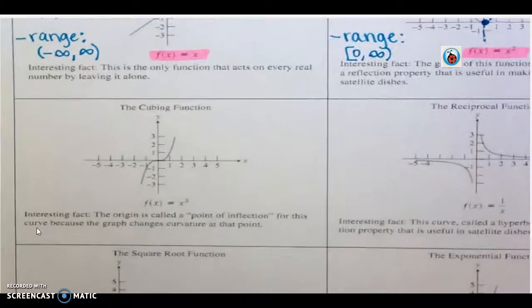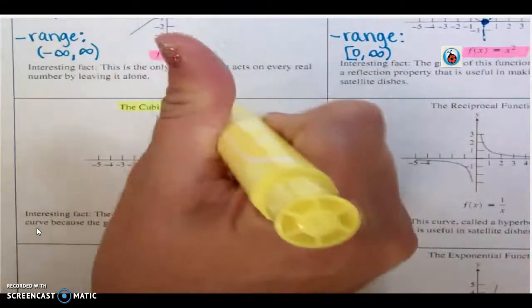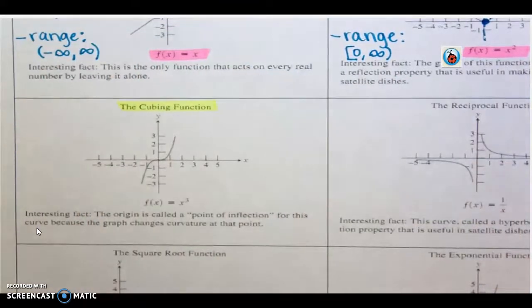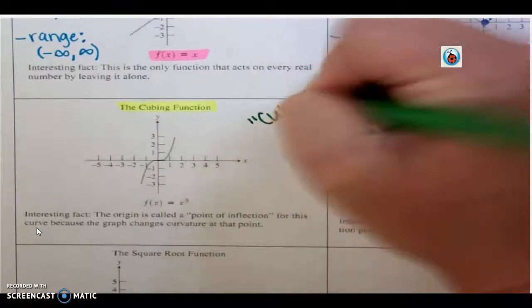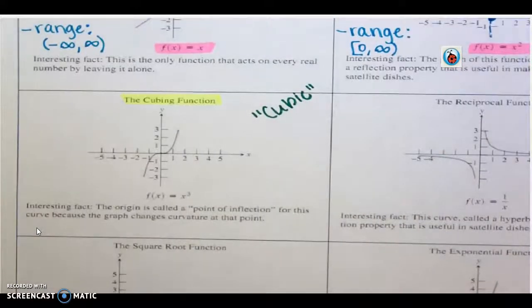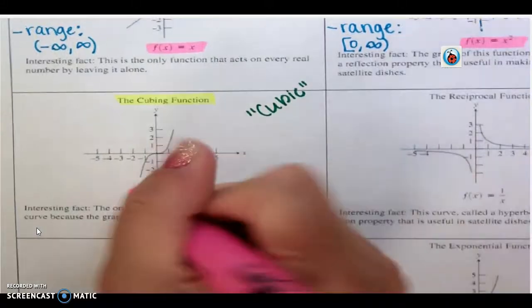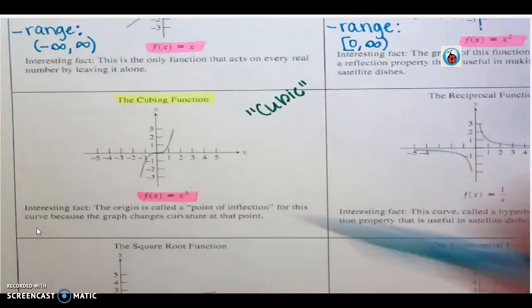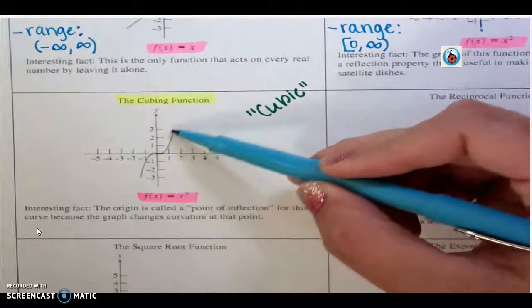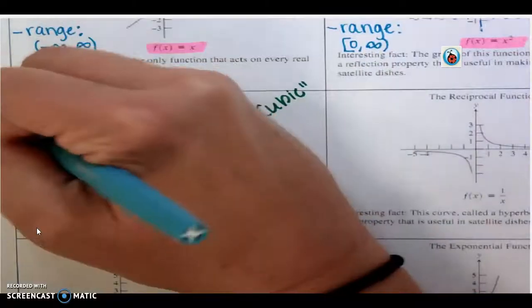Okay, so next we're going to look at the cubing function. A lot of times you'll just hear that's a cubic. The equation for it is f of x equals x to the third power. This graph is going to be continuous because there's no holes or no asymptotes.